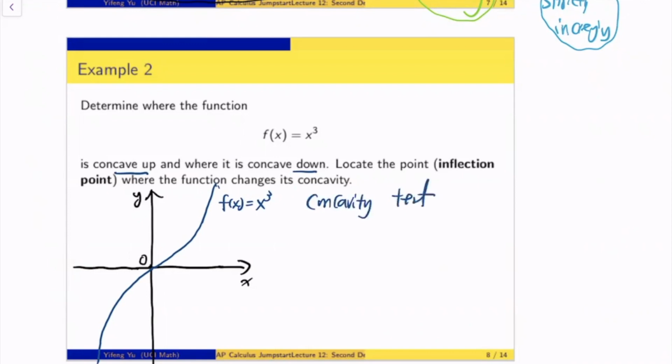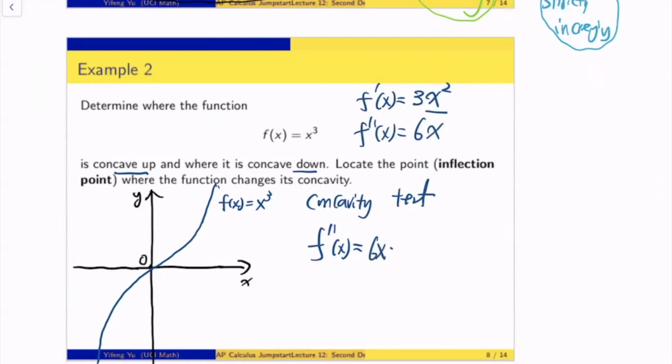All we need to do is find the second derivative, right? If you take the first derivative, this will be 3x squared. And if you take the derivative again, you just get 6x, because the derivative of x squared is 2x. So the second derivative is 6x, which is bigger than 0 when x is bigger than 0, and less than 0 when x is less than 0.